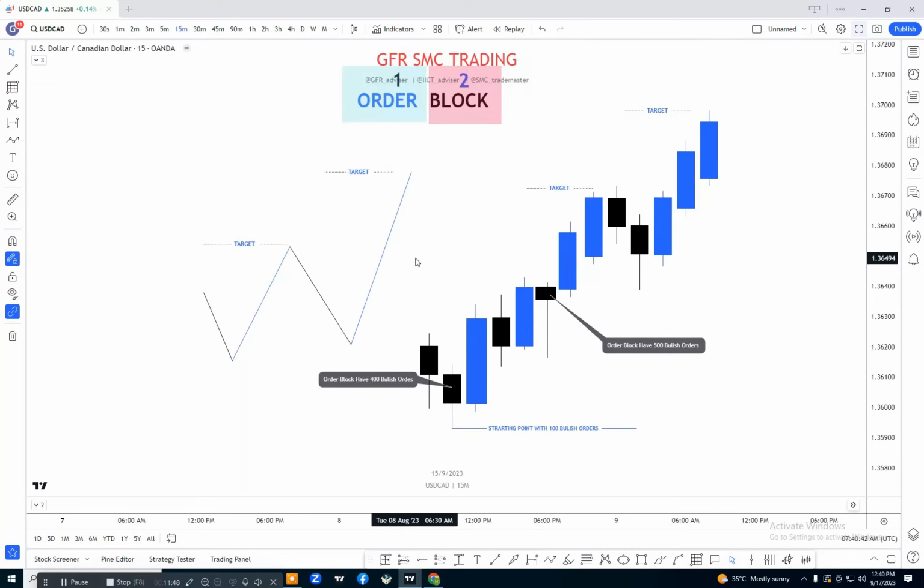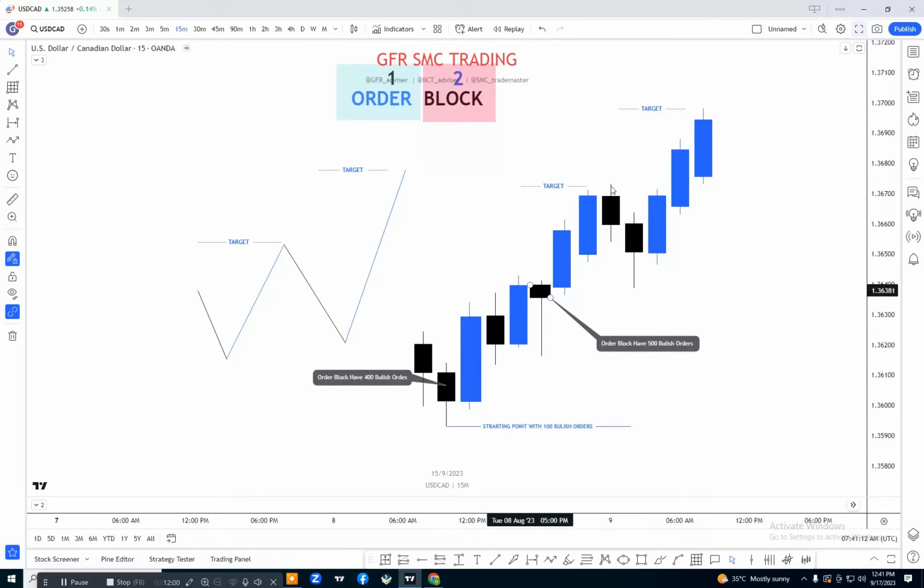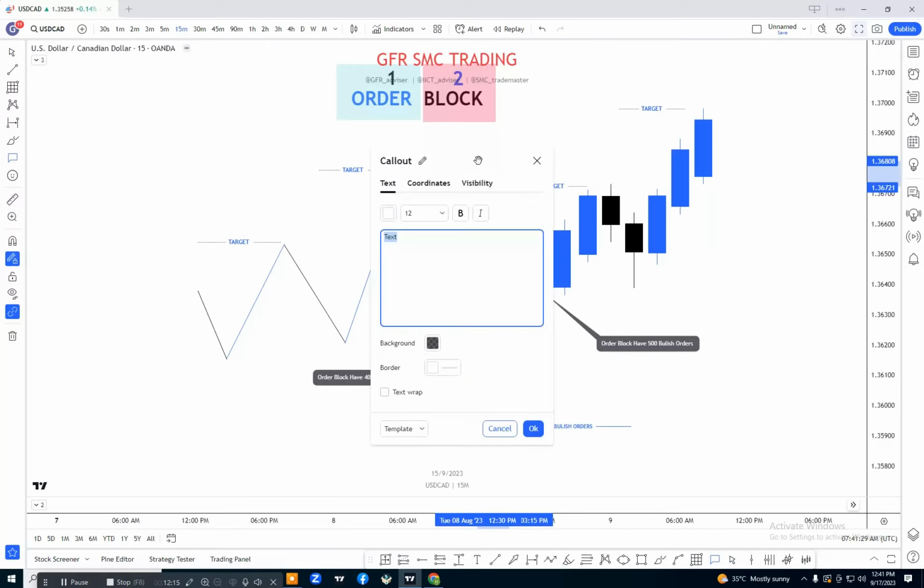There are some more important things that you guys need to learn, so please focus on this diagram. For example, if we look at this diagram, the market has two targets. The first target is here, the second target is here. Let me mark one more thing. Here is the 500 bullish order target.